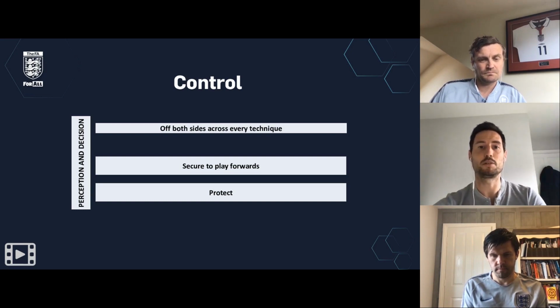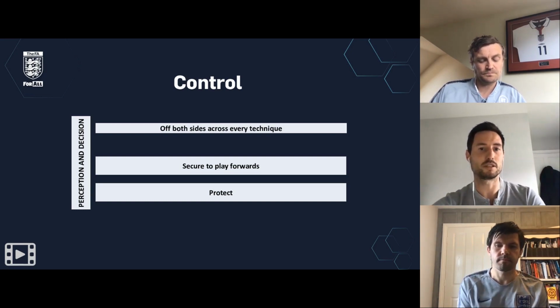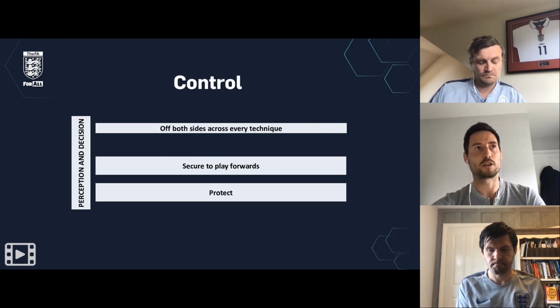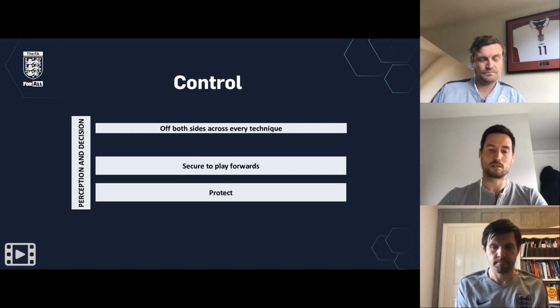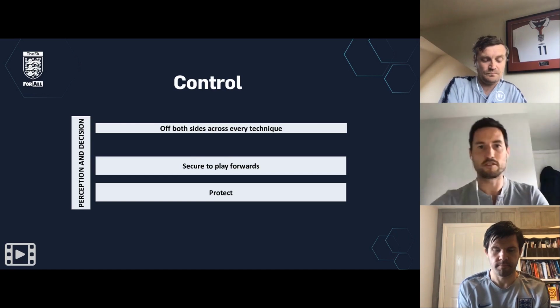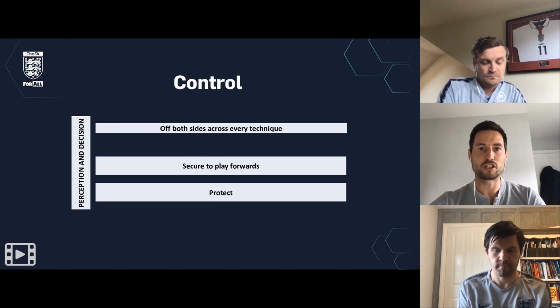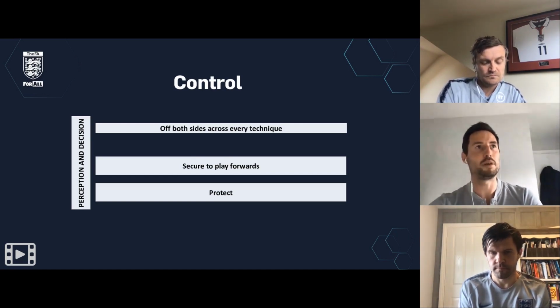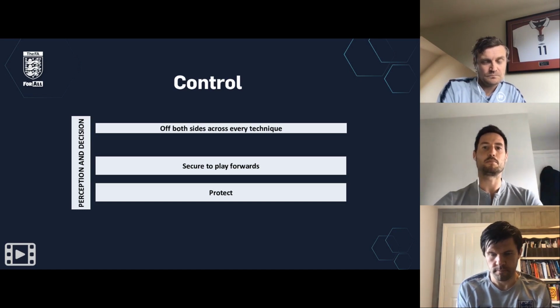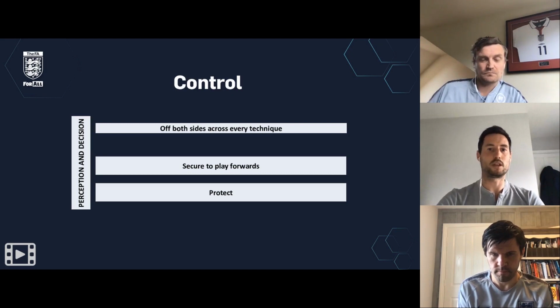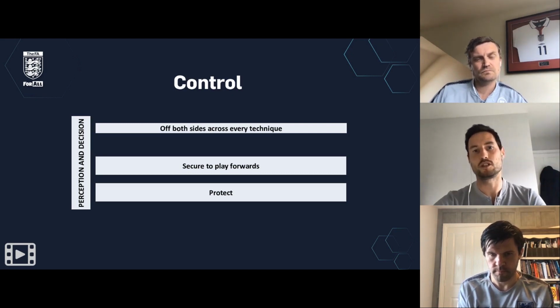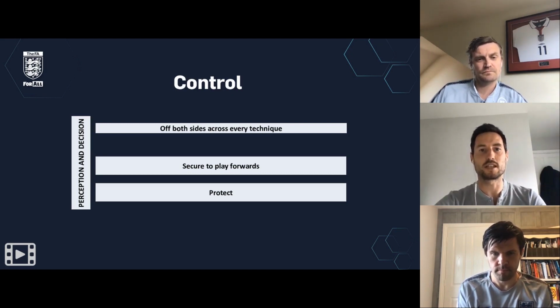So it might simply be controlling on the safe side as an inverted winger. So what I mean by that is if you're playing on the opposite side and someone's tight, you might just control it to be safe. Or slightly more conventional protection is if you're a striker or a pivot, as you call them in futsal, playing with your back to goal, then you're going to receive to protect the ball to either set somebody off or turn to shoot yourself. So that just sets the scene.